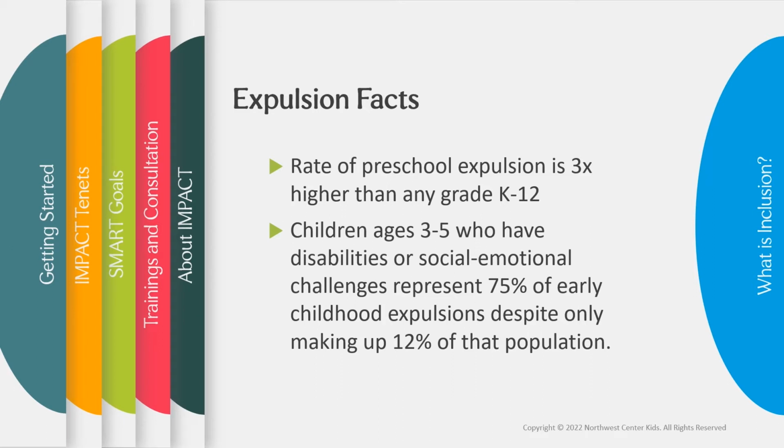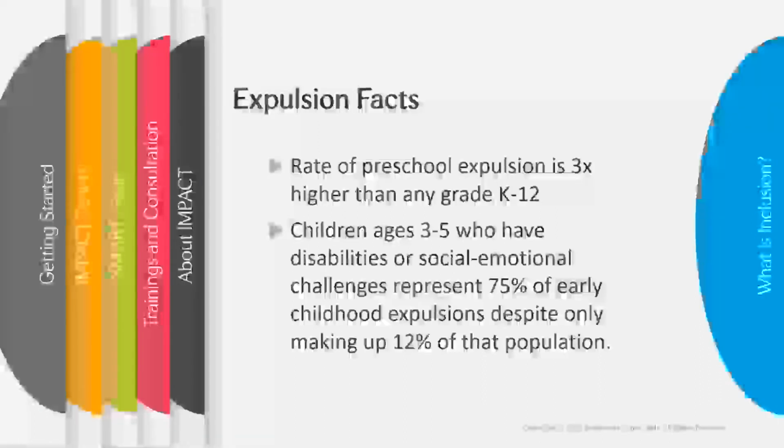They internalize those messages, and being labeled the difficult kid not only impacts the child's self-esteem, but increases the chances that the teacher is expecting misbehavior from that child and therefore sees more instances of challenging behavior from that child. Sometimes families are told they have to provide a one-on-one aid, which essentially forces them out of care. Or they're told they can't continue at a program unless the child receives an outside evaluation or services. These are all types of expulsion.